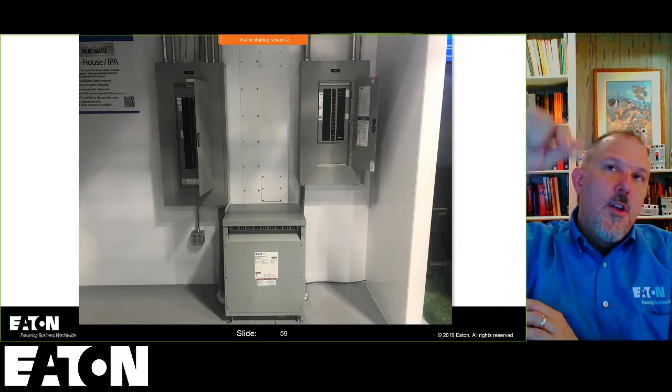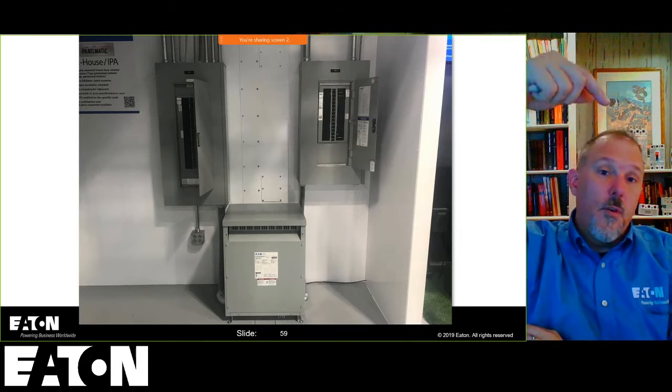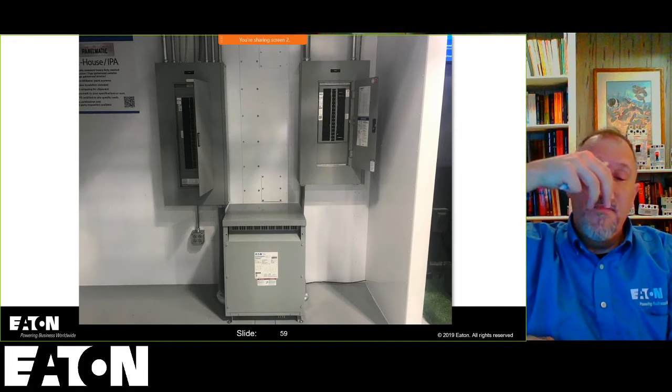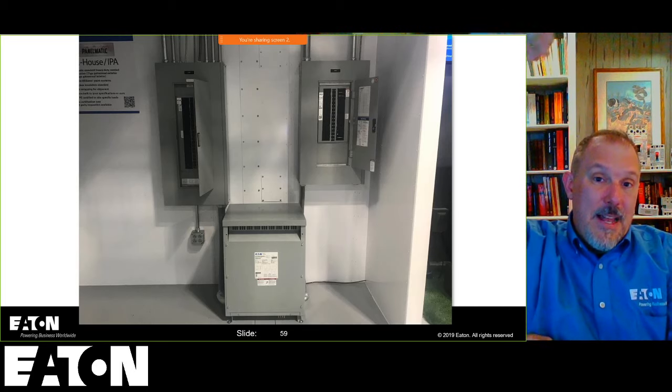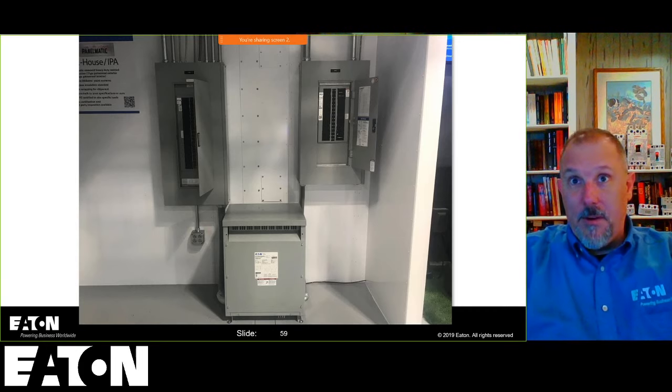Because remember, if I just turn the main off, there's no requirement for line side barriers here. I still have energized conductors landing on the line side of that main breaker. So that's still exposed unless you took that step above and beyond and put barriers up there.